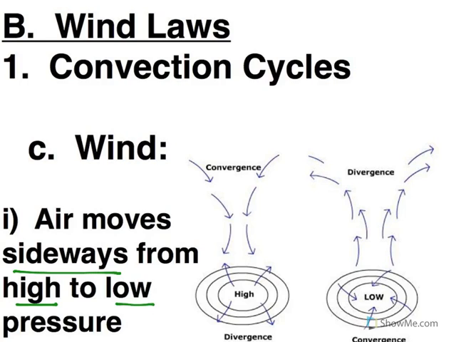If you think about convection cycles that we saw in our mantle, something sinks down, goes sideways, goes back up, goes sideways. So here's our sinking air.